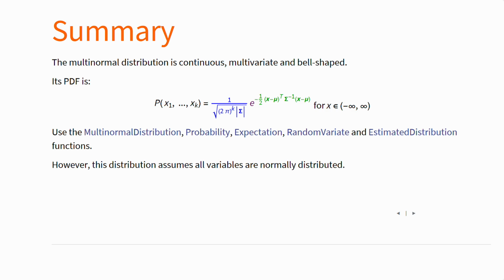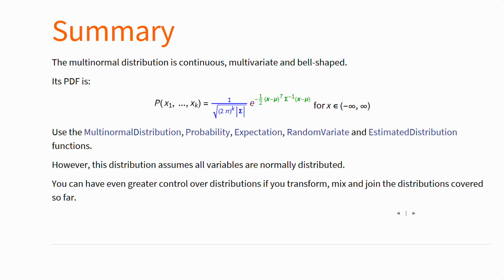What if the second dimension is discrete or exponentially distributed? As you can imagine, the possibilities of combinations are endless. Now that you have a good vocabulary in terms of the popular probability distributions, it's time to transform, mix, and join those distributions to fit any situation, as seen in the next lessons.